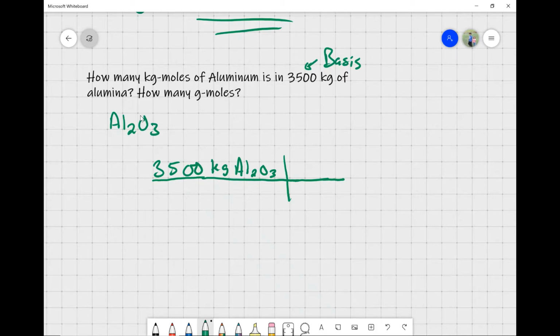And there's a 2 to 1 ratio here. For Al2O3, we know there's 102 kilograms of Al2O3 in 1 kilogram mole.